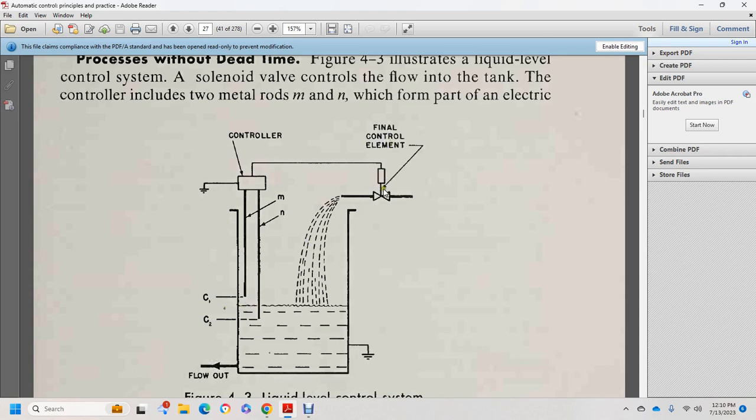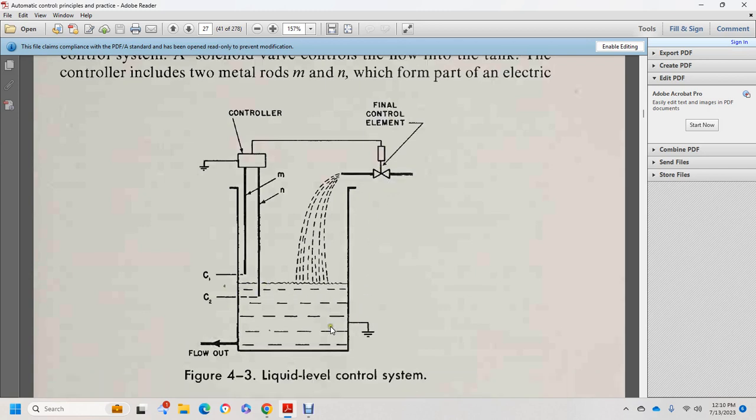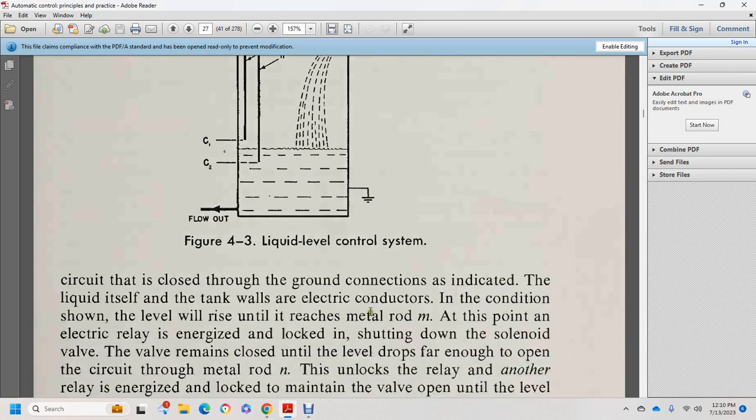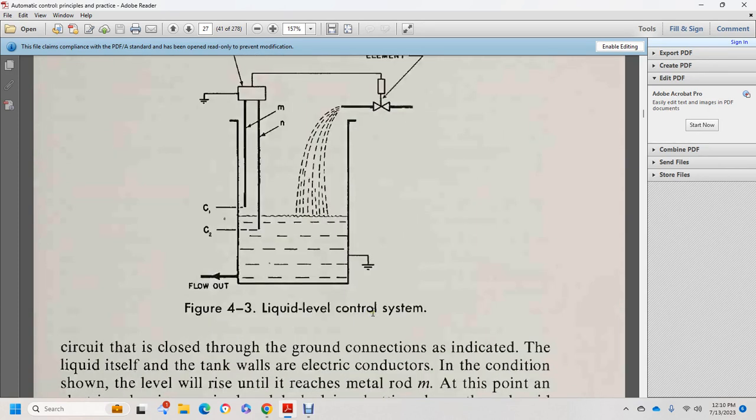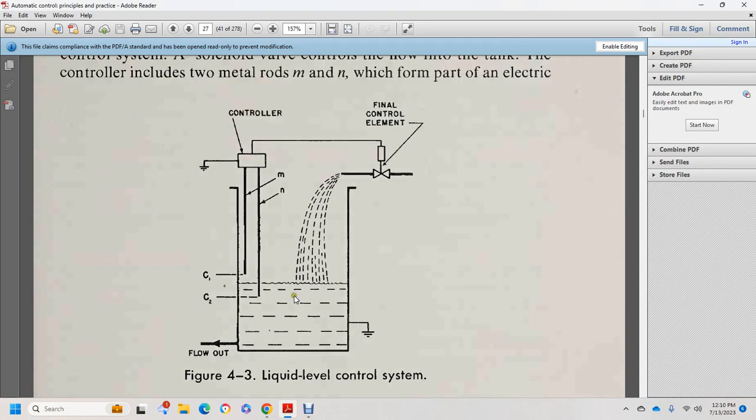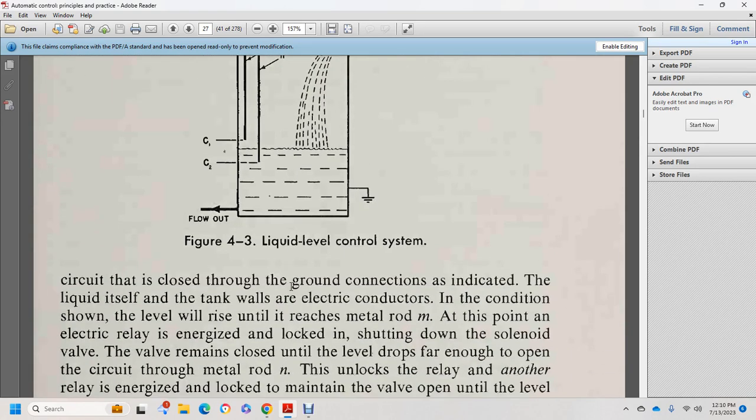The final control element is a valve, and then there is the flow rate out of the tank when that's grounded, also liquid level control. So basically you have a valve going into the tank, and when the level reaches the rod, the level goes up, turns the control, and then adjusts the final control element.